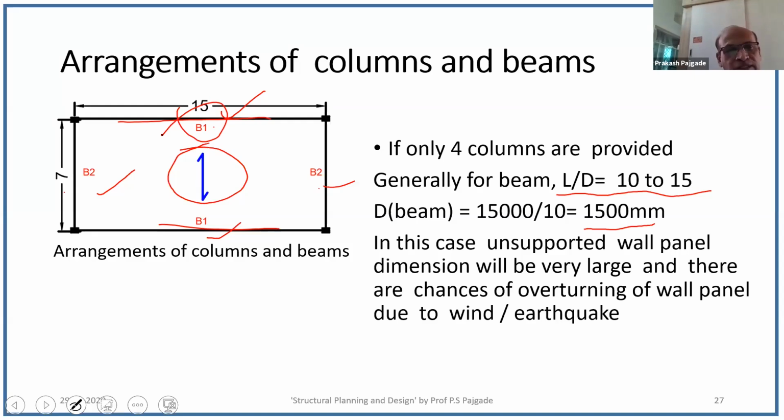But what is the problem? If you consider this panel, the length of unsupported brick panel will be around 15 meter. And in this direction, it will be 7 meter. And if you consider wind or earthquake, then these brick panels will not be stable. Let's see.